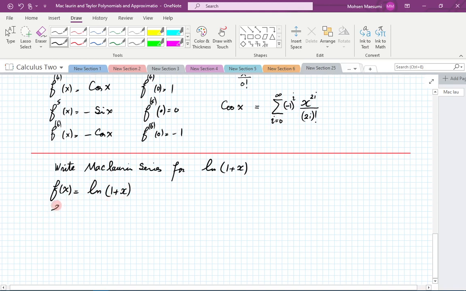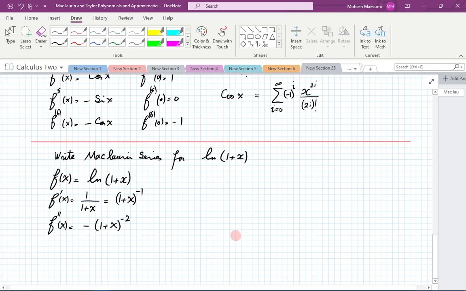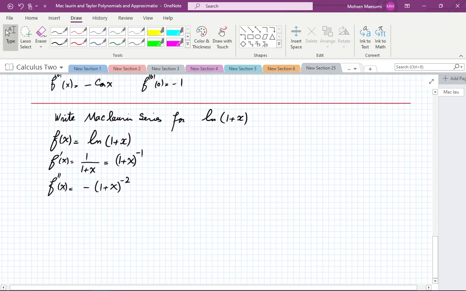So what is the derivative of this one? f prime of x. Derivative of this, of course, 1 over 1 plus x. And it's going to be a lot easier on us if we write it with a negative exponent, because when I want to differentiate, life will be very easy. Exponent in front times 1 plus x to power of minus 2. Instead of using the quotient rule, this is going to be a lot faster for us.